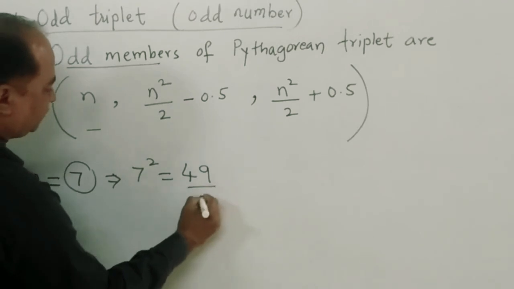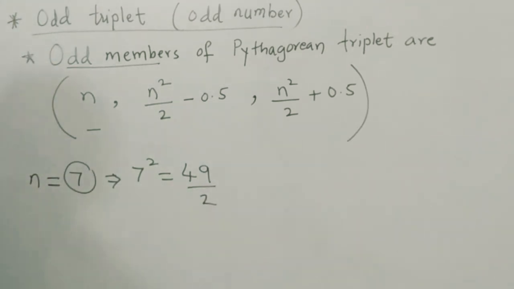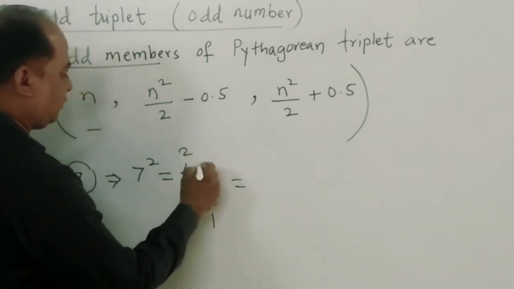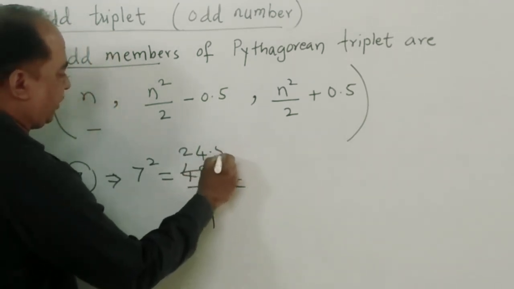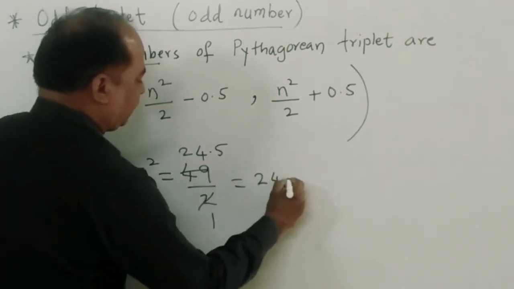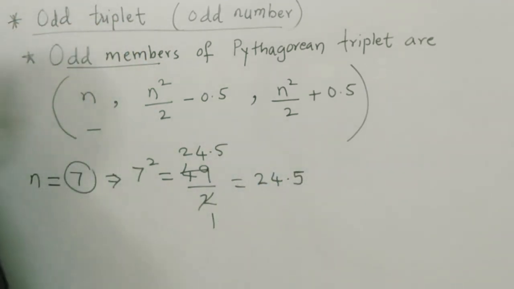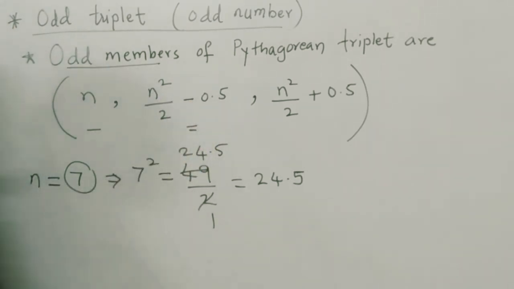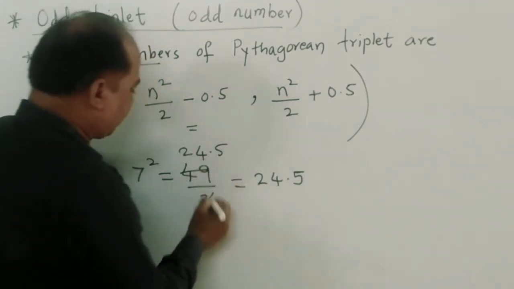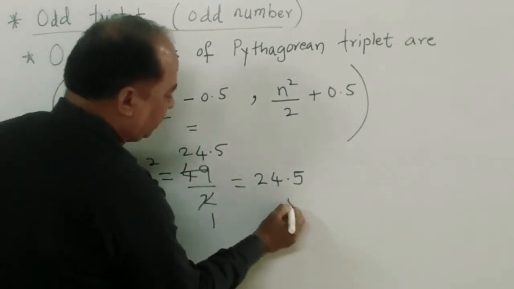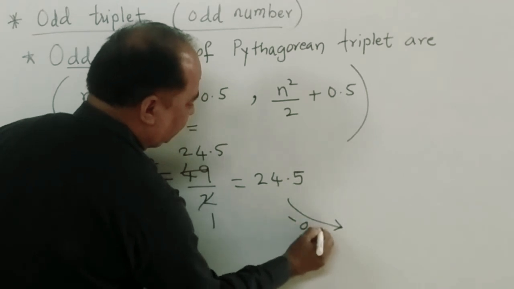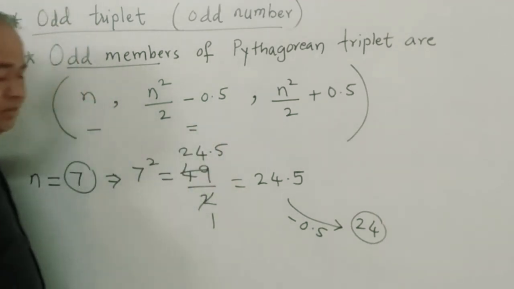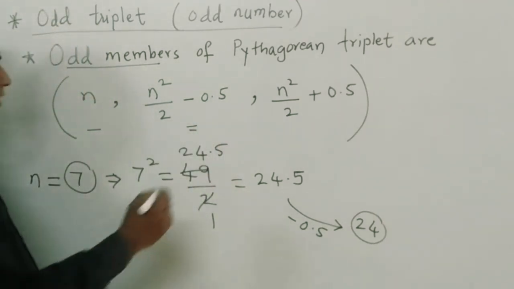49 divided by 2, 49 upon 2, which is equal to 24.5. Now for the second element we get n square upon 2 minus 0.5. So n square upon 2, that is 24.5 minus 0.5, which is equal to 24, is the second member of the Pythagorean triplet.